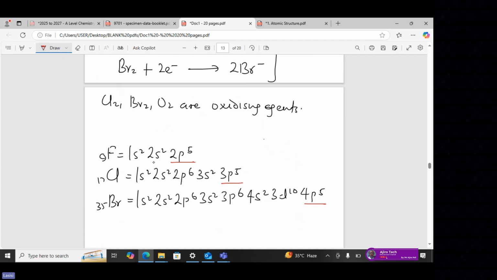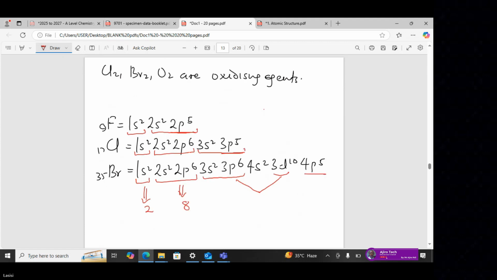Now, how do I know they have 7? Look at it. Shell number 1, 2 electrons. Shell number 2, 7 electrons. Shell number 1, 2. Shell number 2, 8. Shell number 3, 7. Shell number 1, 2. Shell number 2, 8. Shell number 3, 2 plus 6, 8, plus 18.